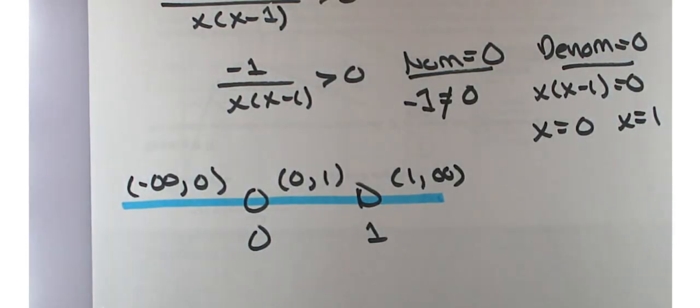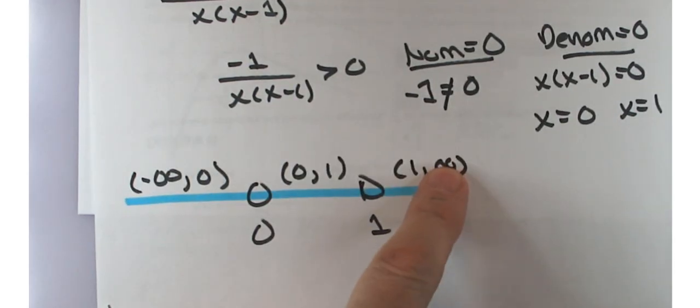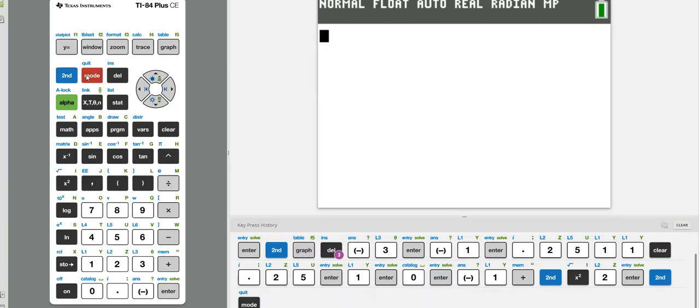And now we need to test points. I think this one's going to test out negative, positive, negative. Not sure. Let me just run it through. Let's clear out all this stuff here.